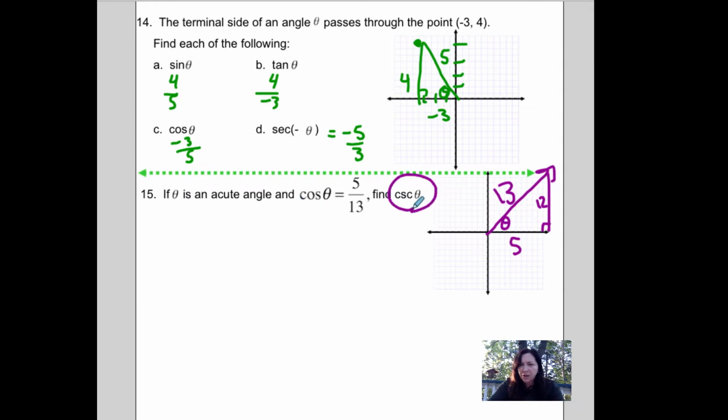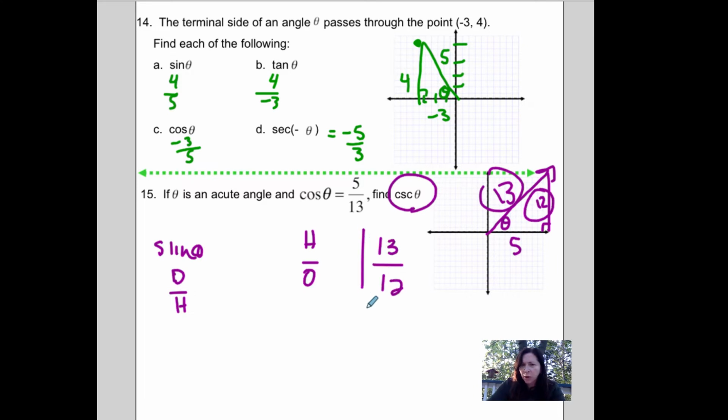Find cosecant. Cosecant's the reciprocal of sine. So if sine of theta is equal to opposite over hypotenuse, then cosecant is hypotenuse over opposite. So that's going to be 13 over 12.